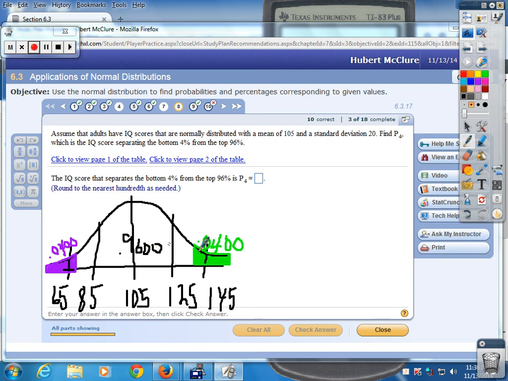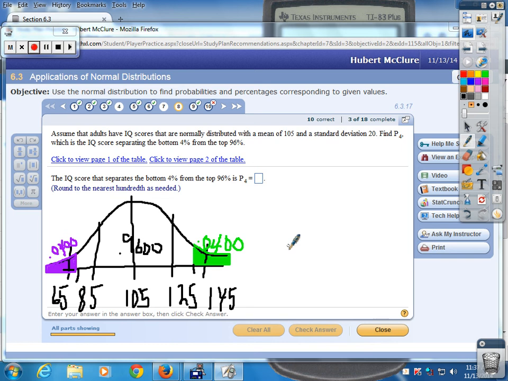Because if you're looking at this green 4%, what's to the left of it? 0.96. So you got to look on your positive z-score for 0.96, and that'll give you your positive side. That'll give you that z-score, and this one on the negative side at 0.04 will give you that one.